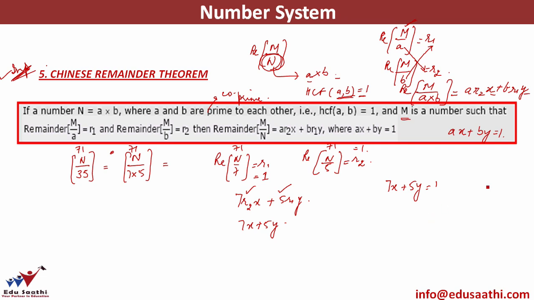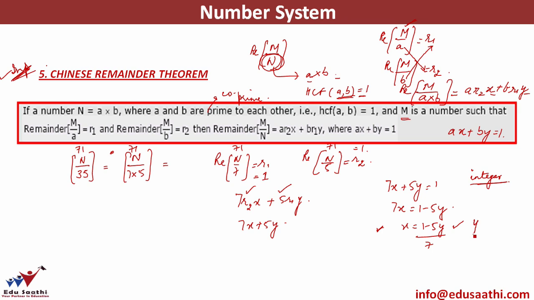Now I have to find integer answers for x and y such that the equation is satisfied. If I just look at it, I can write 7x is equal to 1 minus 5y, or x is equal to (1 minus 5y) by 7. So I'll keep on putting integer values of y for which I will get integer answers.